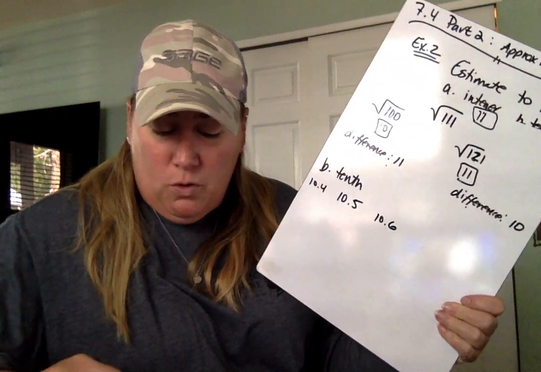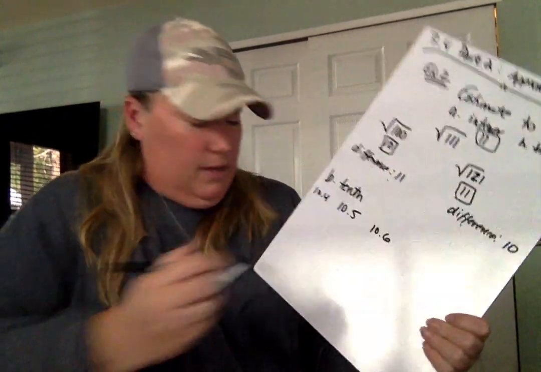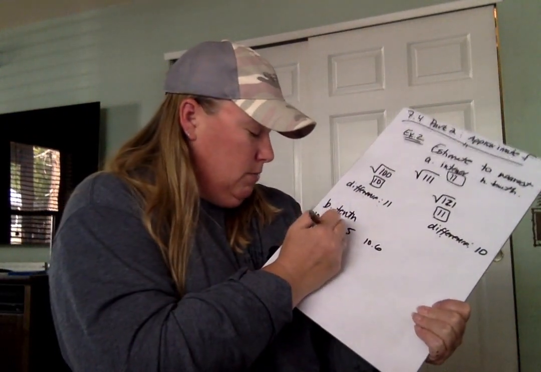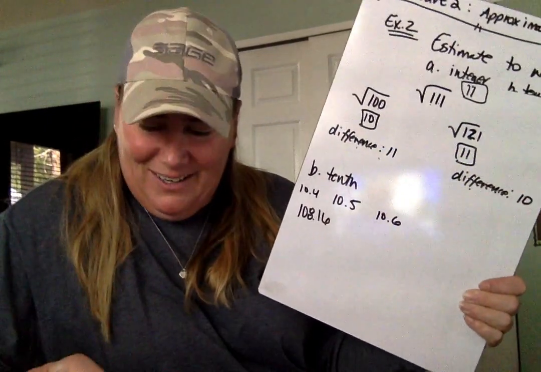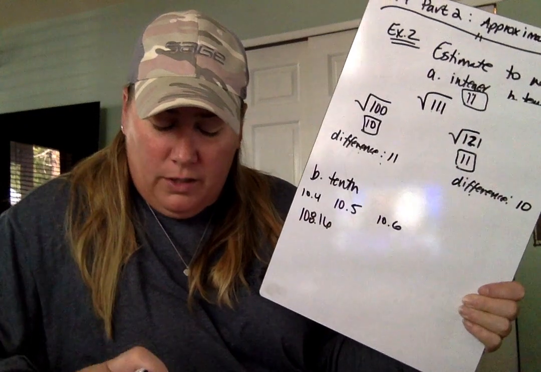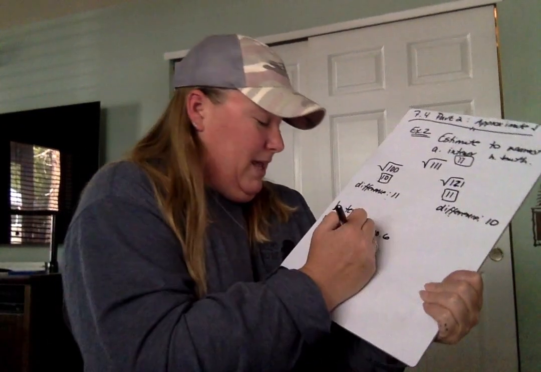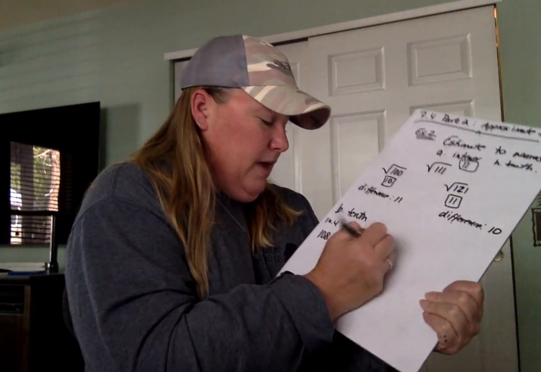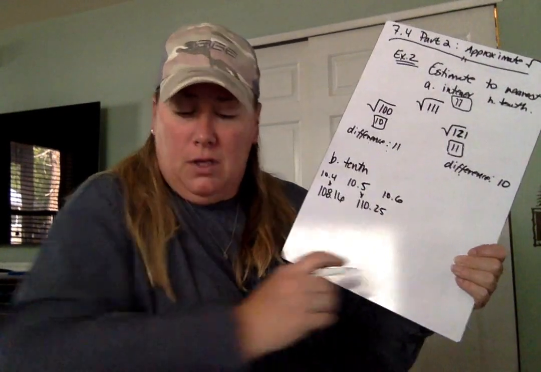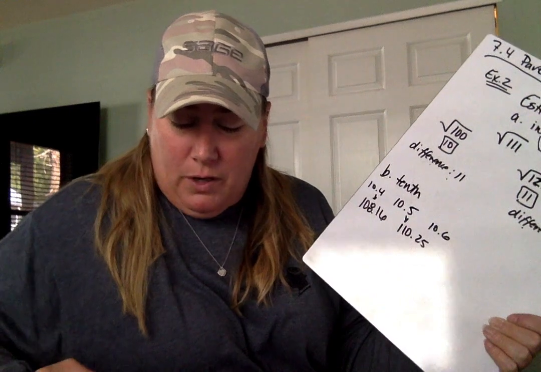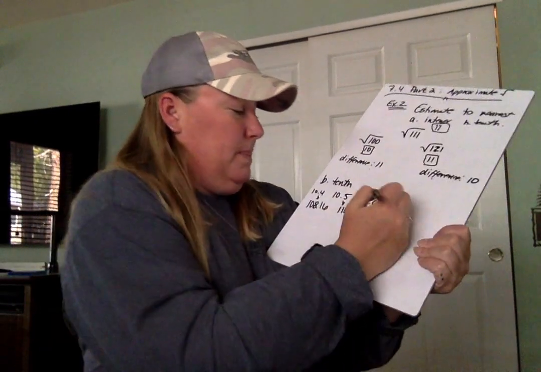So 10.4 squared is 108.16. And then 10.5 squared is 110.25. Ooh, that's nice. And then 10.6, I bet you it's going to be way over. Yep.